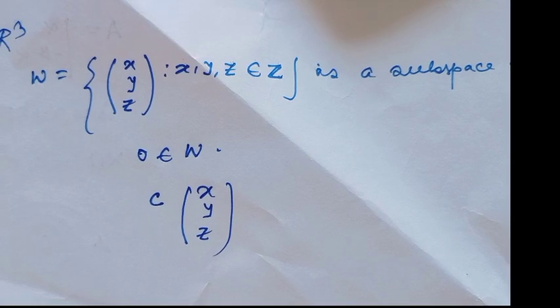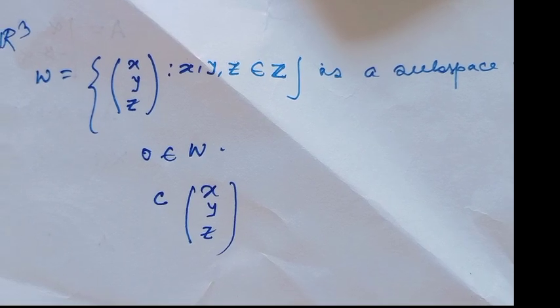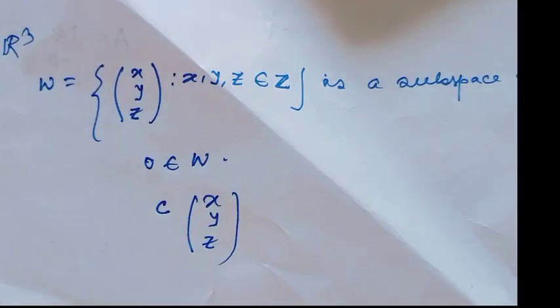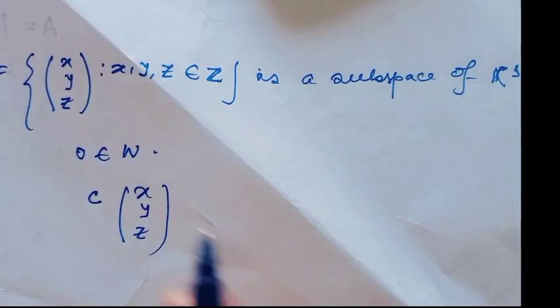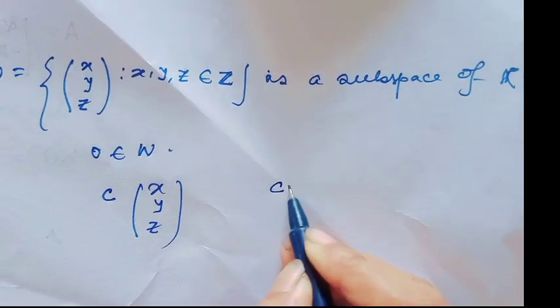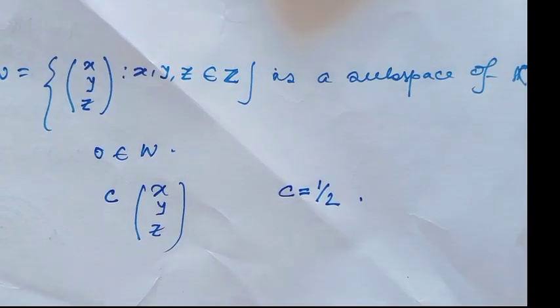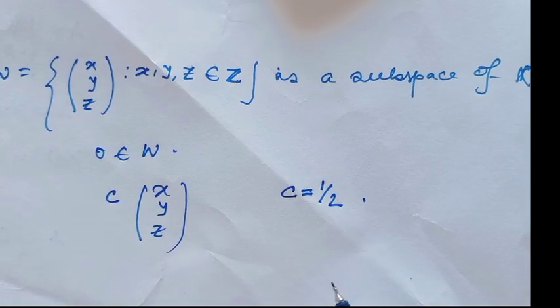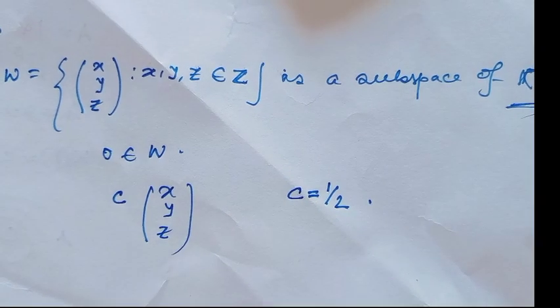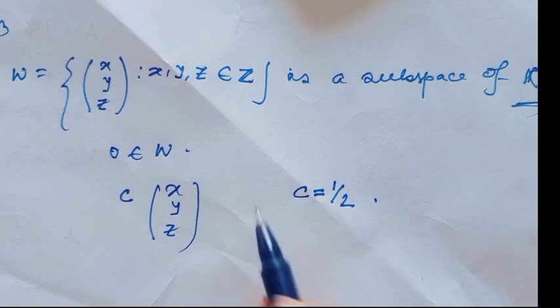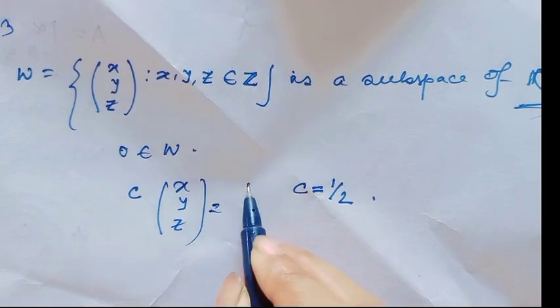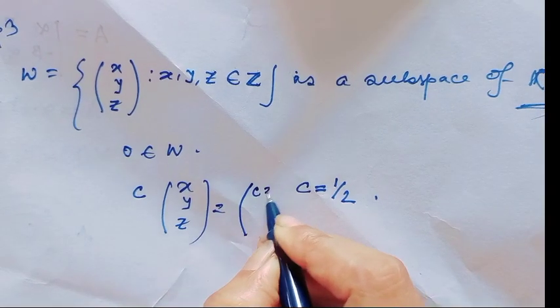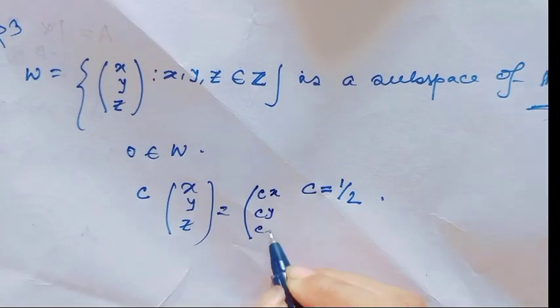Here, since the original vector space is R3, if we consider c equal to half, because scalar c belongs to this vector space, then by property of multiplication, this would be (cx, cy, cz).